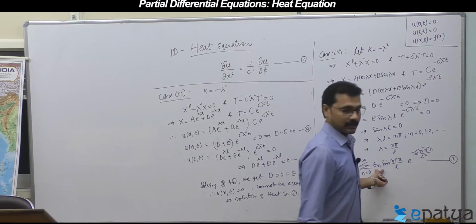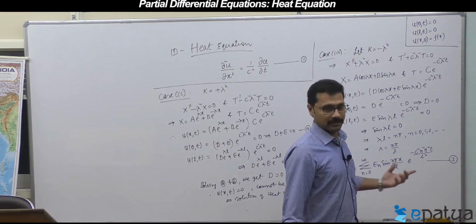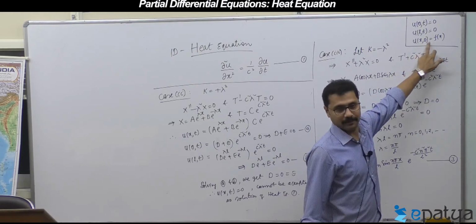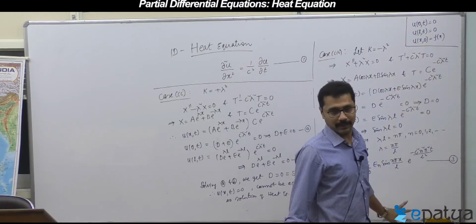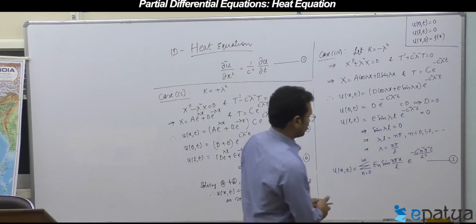Again, I have one more thing to find out. En also I have to find out. I have one more condition to find En. The time condition is there. Okay? To find what is my En, which in fact obviously gives us a Fourier series, and you know how to solve a Fourier series. Okay?